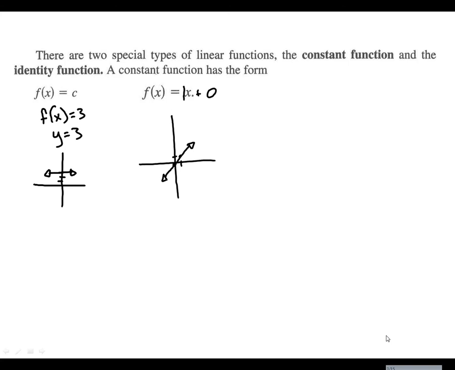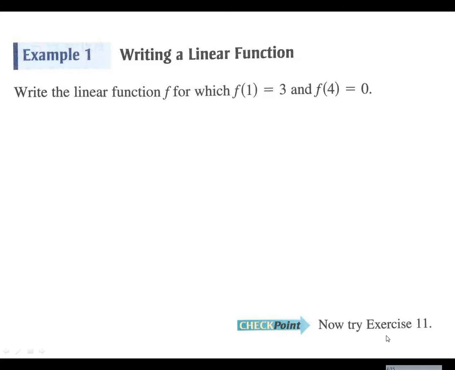Slope of 1. Let's go ahead and try an example. Write the linear function for which f of 1 equals 3 and f of 4 equals 0. We're going to need a slope and we're going to need an intercept. So let's go ahead and find our slope first. Remember, y2 minus y1 over x2 minus x1.